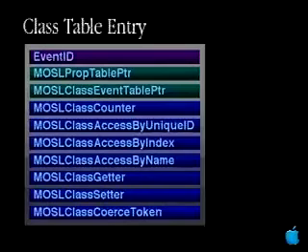So let me show you the class table entry. There are three main parts to it. There's an event ID, which is the event that's coming in, and then a couple of pointers to other tables: a table for the properties and a table for all the events on that class. For each class, you must supply a couple of callback routines, and you can supply others and just leave them null if you're not supplying them.